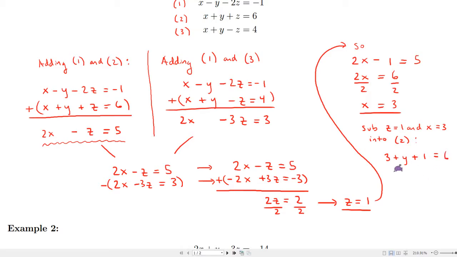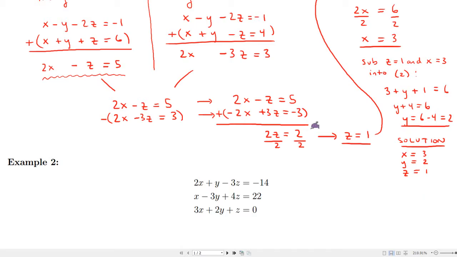So this is y plus 4 equals 6. Subtracting the 4 over, we have 6 minus 4, which is 2. So our solution is x is 3, y is 2, and z is 1. Alternatively, you could write that as a triple.